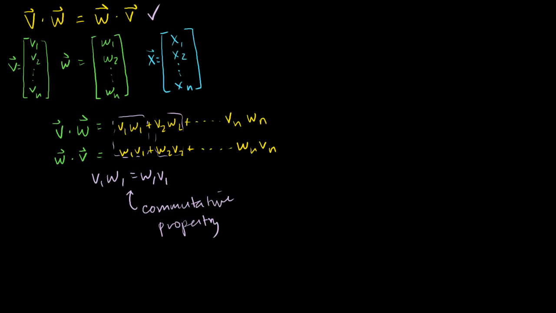Now, what I want to see, if the dot product deals with the distributive property the way I would expect it to, is if I add v plus w and then dot that with x. First of all, it shouldn't matter what order I do that with. I just showed it's commutative, so I could do x dot this thing. But if the distribution works, then this should be the same thing as v dot x plus w dot x.